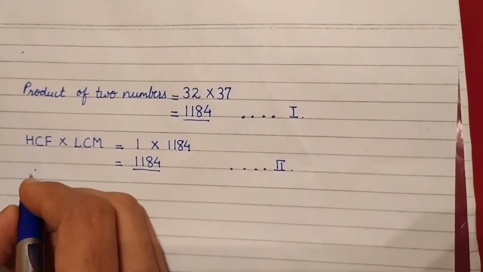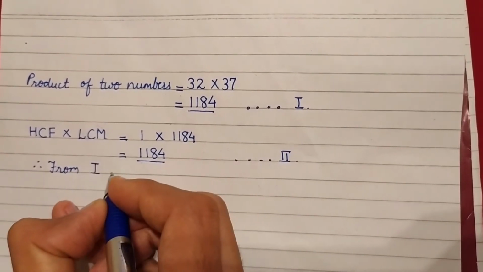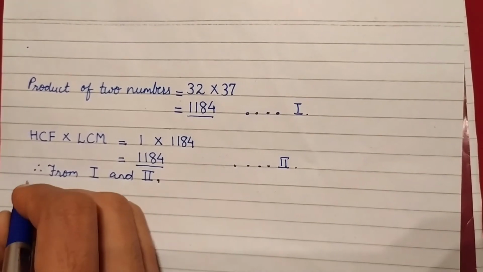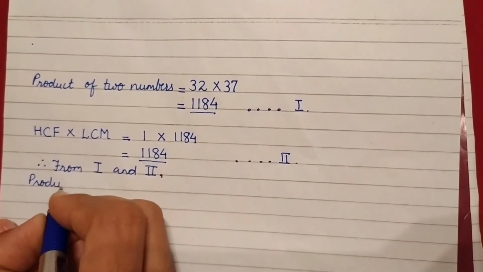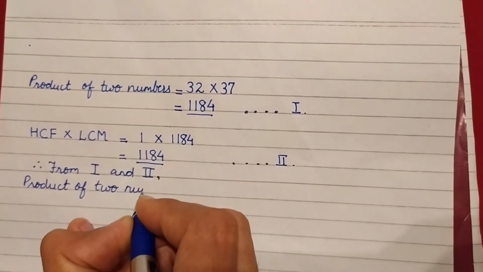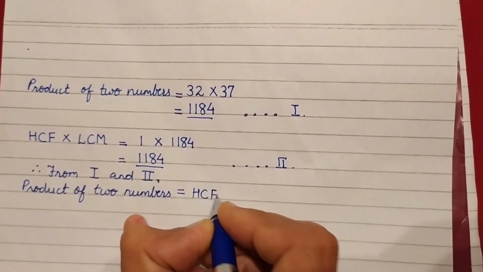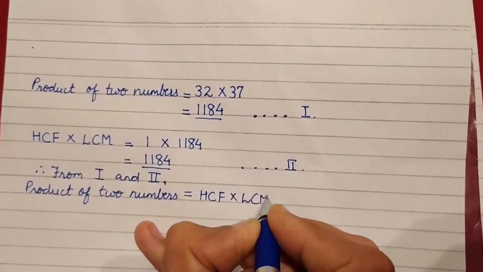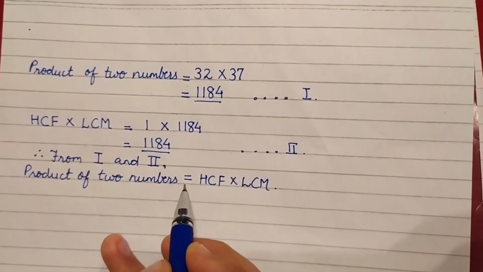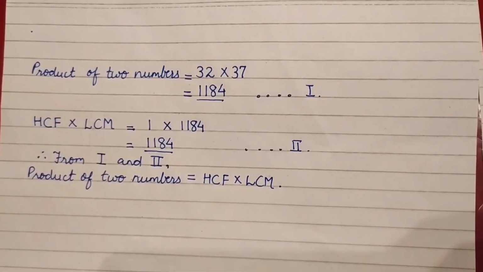So we can write, therefore, from statement 1 and 2, product of two numbers is equals to HCF into LCM. So the property, that is product of two numbers is equals to HCF into LCM, is verified.